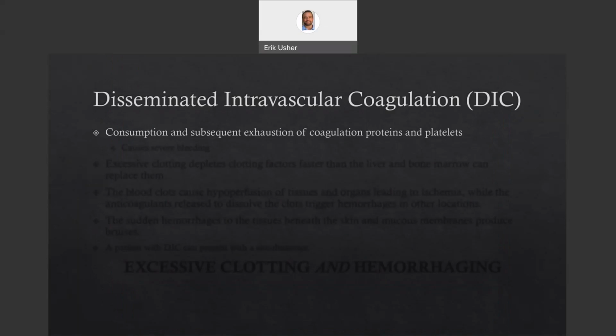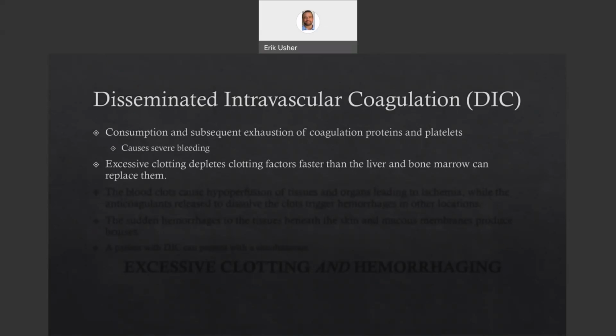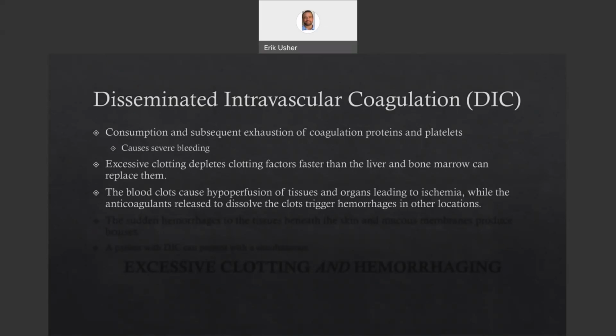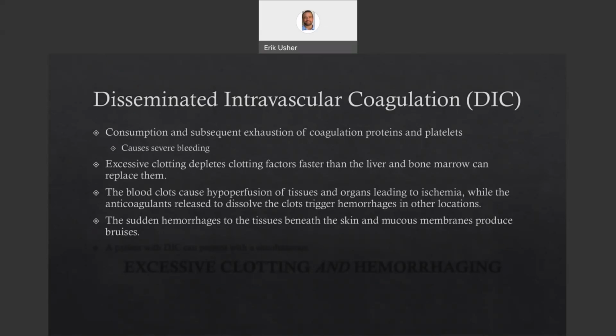When you consume all of those coagulation proteins and platelets, severe bleeding happens, and they bleed from every and any possible orifice. Excessive clotting depletes all those clotting factors, much more than the liver and bone marrow can replace them. And the blood clots cause hypoperfusion of tissue and organs and lead to ischemia, while anticoagulants released to dissolve the clots trigger hemorrhage in other locations. It's such a difficult disease to initially manage.